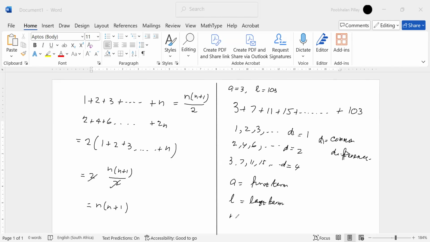And N is the number of terms. So these are the numbers which usually apply here. 4 numbers actually. A is the first term, D is the common difference, L is the last term, and N is the number of terms. You use symbols in general because you don't want to use this particular example. Then there are very interesting formulae regarding this.